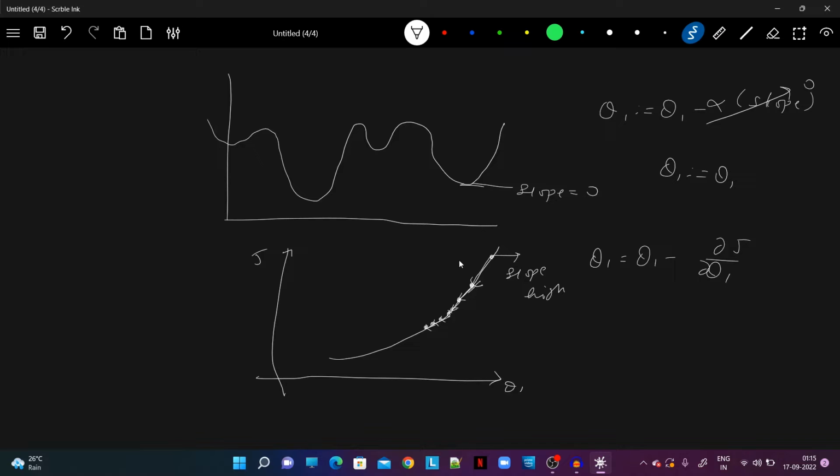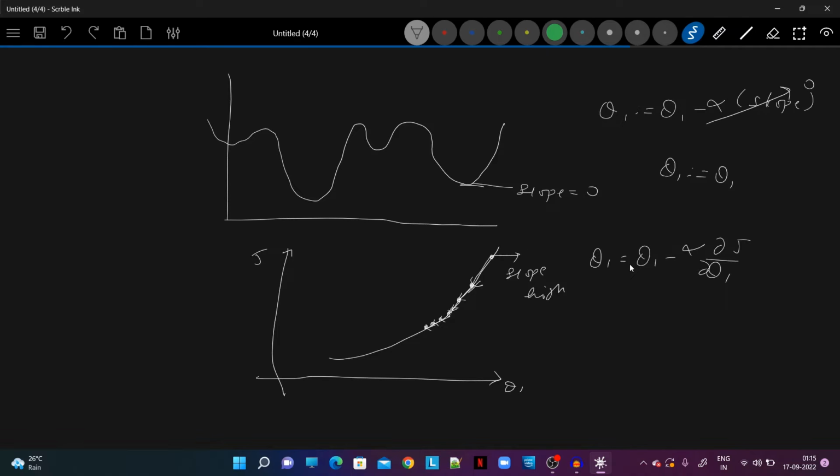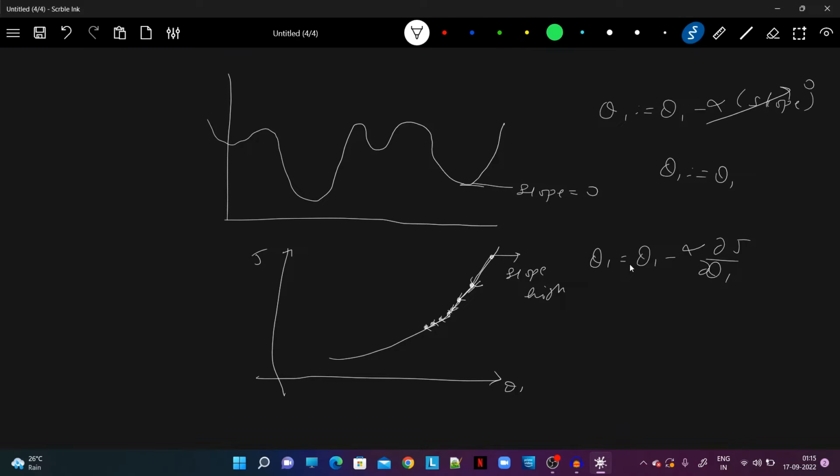Thus, even if we keep the value of alpha constant, it will converge. There is a concept which says that over time we can keep on decreasing the value of alpha so that it converges better. But even if we keep alpha constant, it will converge because the value of the slope will itself change. Okay, so basically this is the overall understanding of what gradient descent is, and this is how most of the algorithms that you will see later converge.